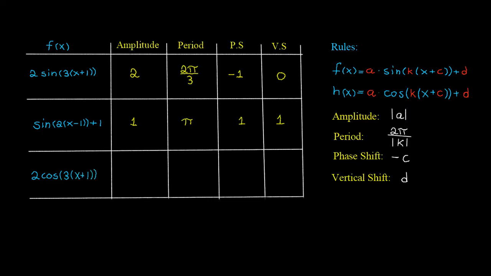And now we can once again just use the rules and determine the different factors. We get that the amplitude is going to be 2, the period is going to be 2 pi divided by 3, the phase shift is going to be -1, as the c value is 1, and the vertical shift is going to be 0.